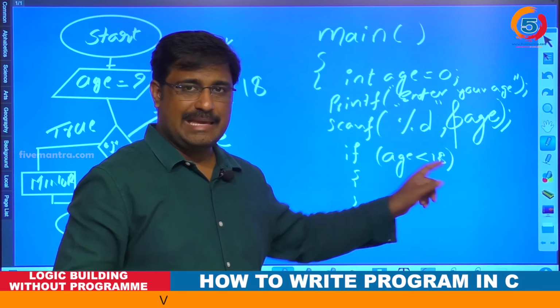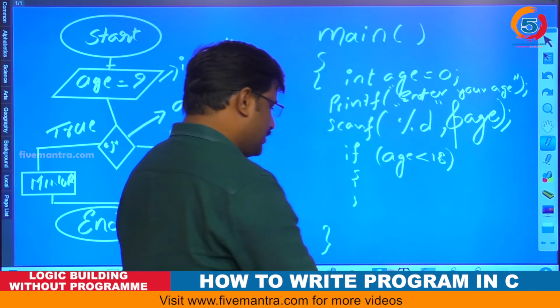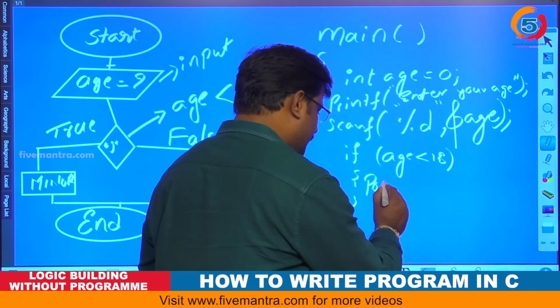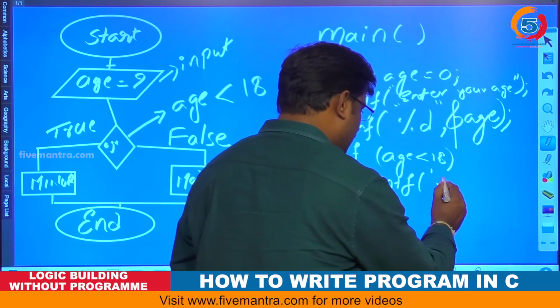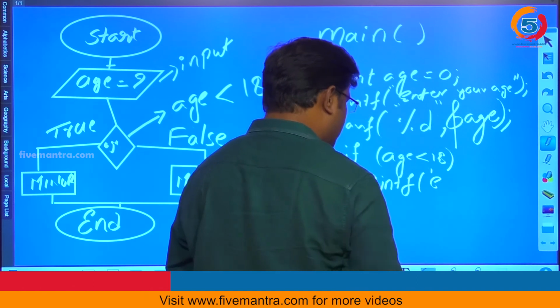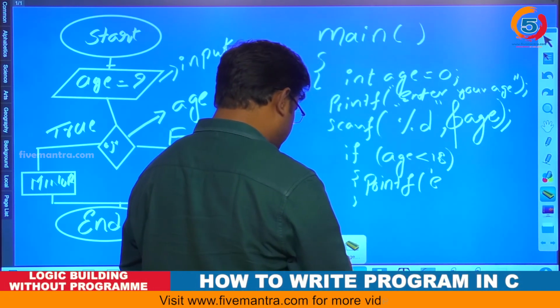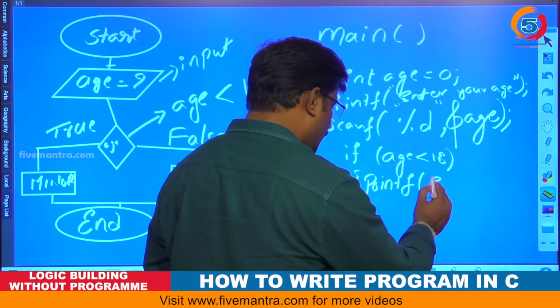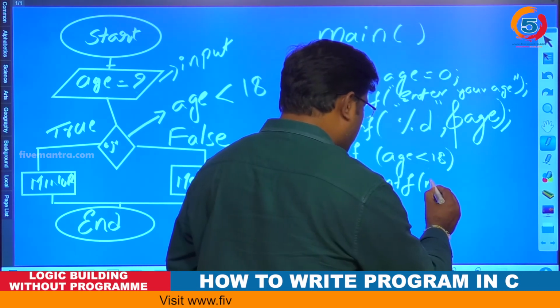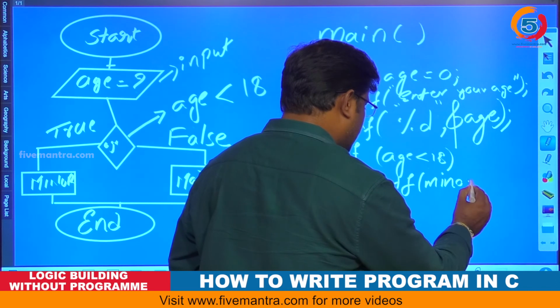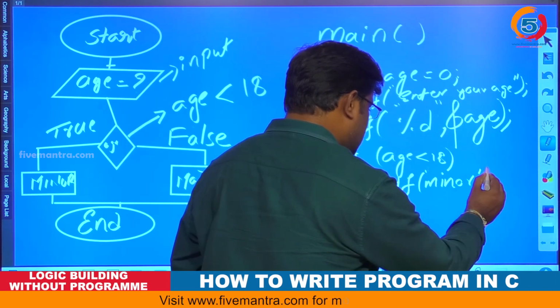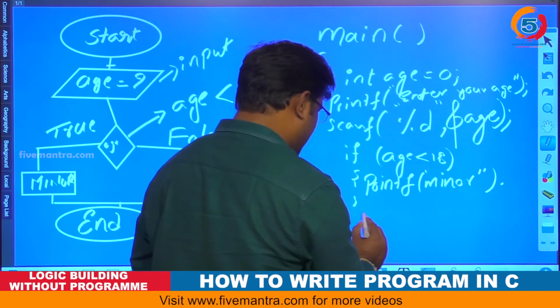If age is less than 18, if it is true, print your minor. Okay, less than, right? If it is greater than, you can say it is a major, right?